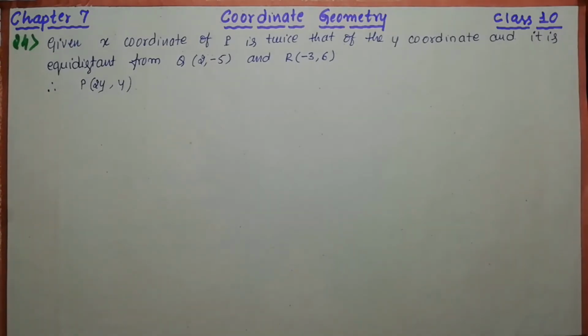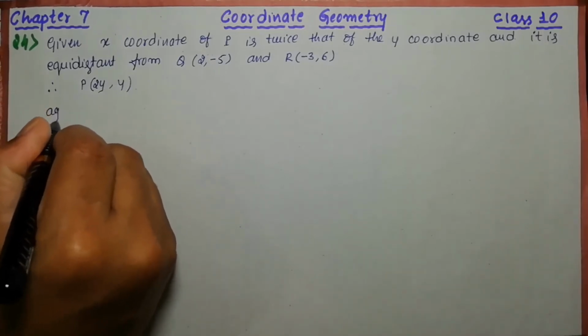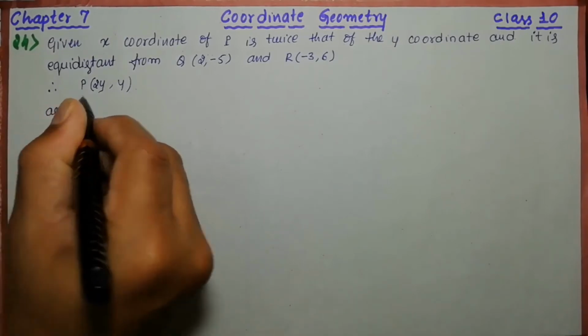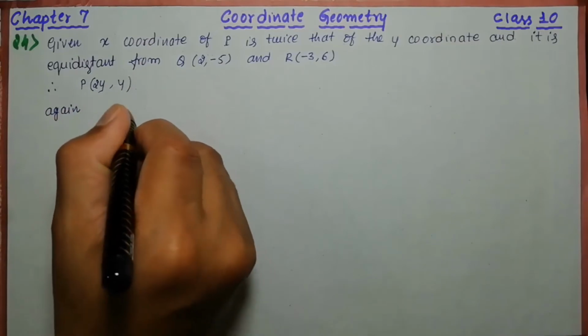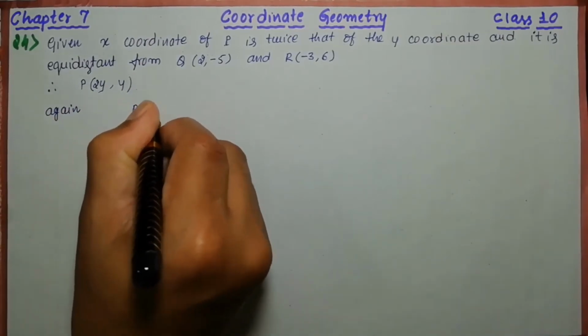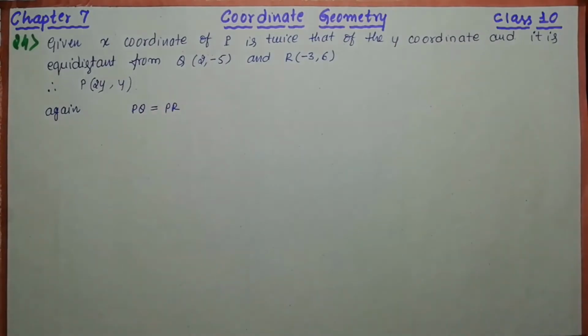Here y is present in both coordinates, so it is very easy to identify the value of y and the required point P. Again, P is equidistant from Q and R, so PQ should be equal to PR.